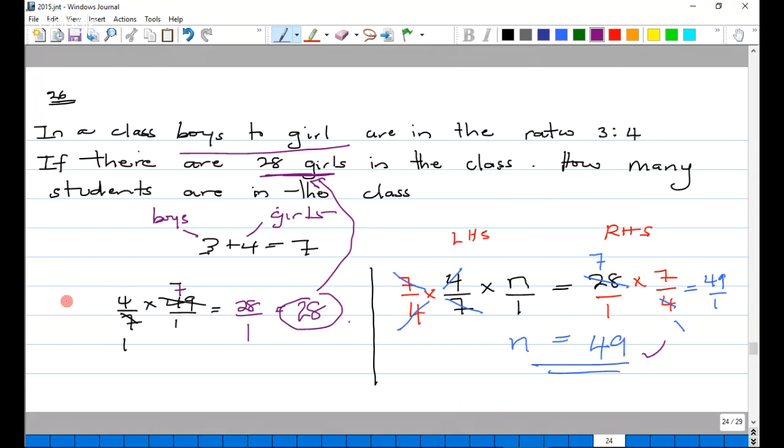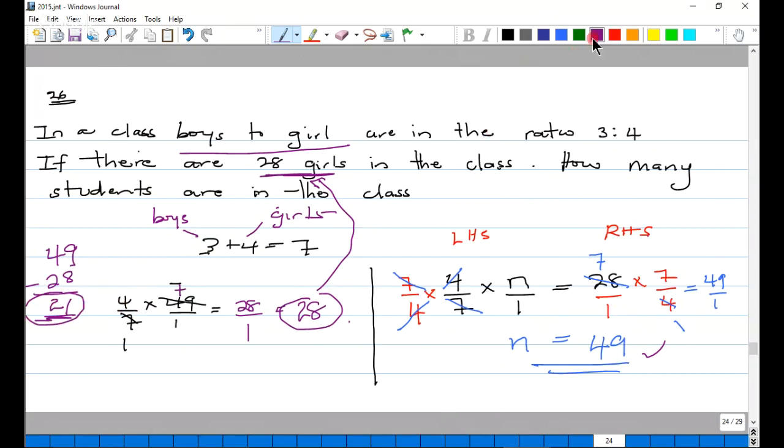You would take 28 from the 49. So I have 49 students in the class, and there are 28 girls. If I subtract 8 from 9 that would leave me with 1, and 2 from 4 would leave me with 2. 21 boys. Okay. So there should be 21 boys in the class.